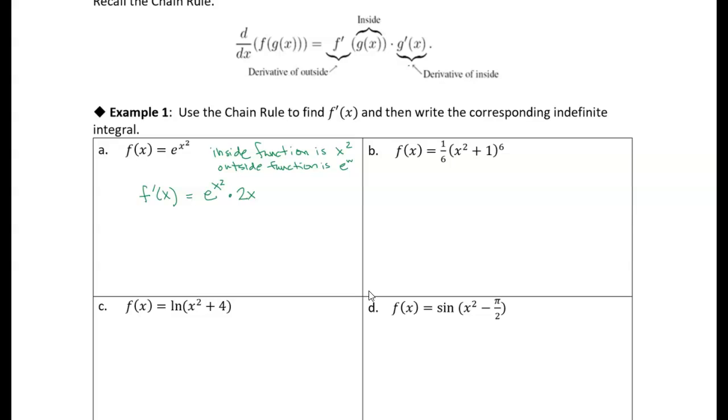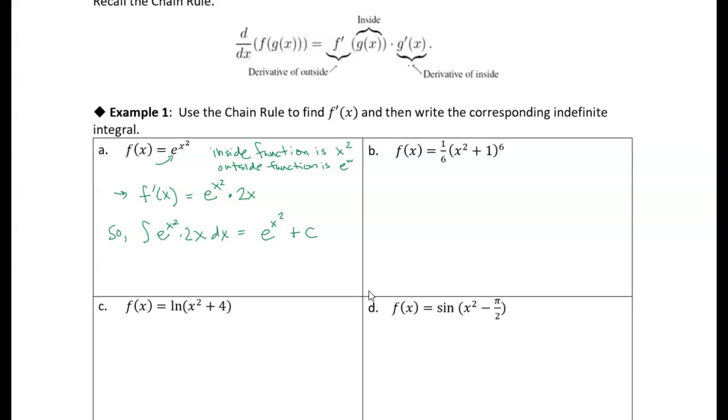What does that look like? That's telling us that the indefinite integral of e to the x squared times 2x dx is equal to the original function that we just took the derivative of. It's the antiderivative, right? So e to the x squared and then plus c. Okay, so if the derivative is this, then the antiderivative is that. That's the original function.